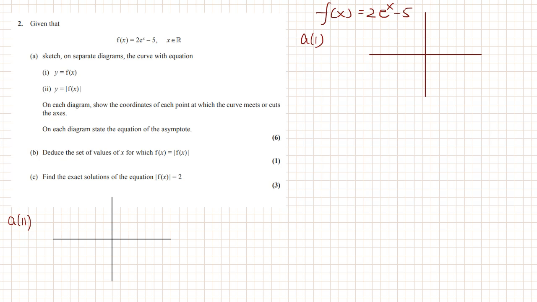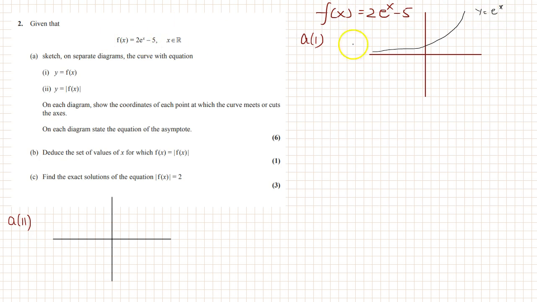So if I draw the graph for y is equal to e to the power x, it will pass through 1. So this is y is equal to e to the power x.